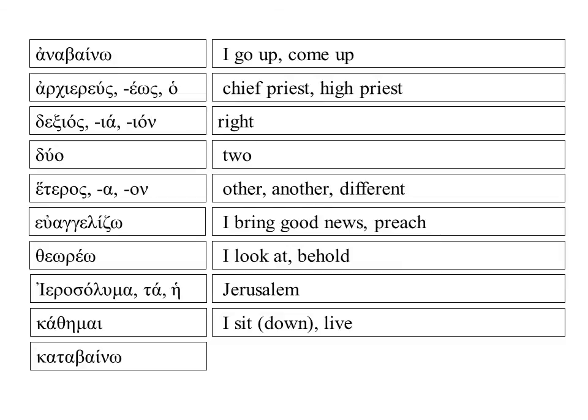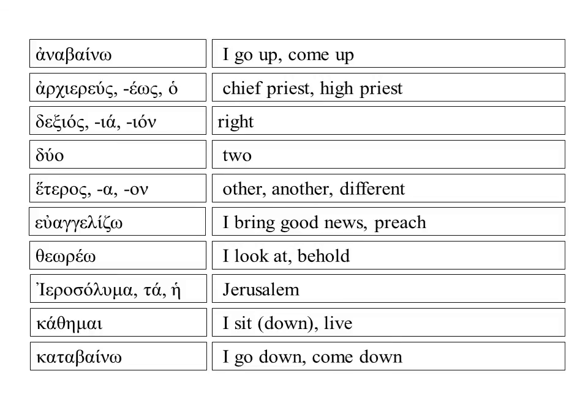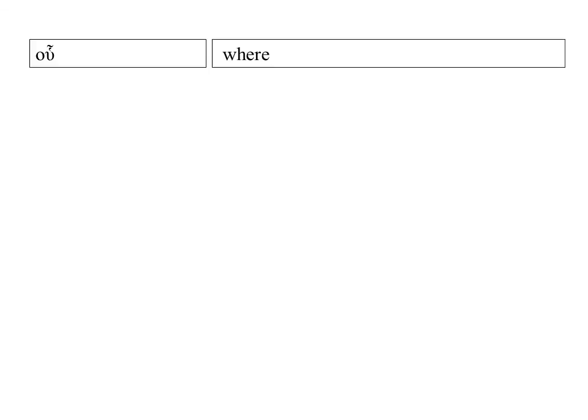Where anabino means I go up, catabino, obviously, I go down. Ou, where? Parakaleo.